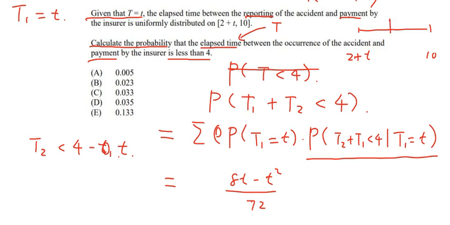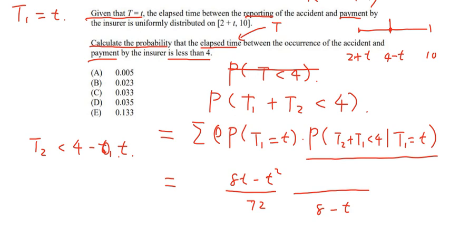So here's 4 minus t. This probability totals: the denominator is 10 minus 2 plus t, which is 8 minus t.